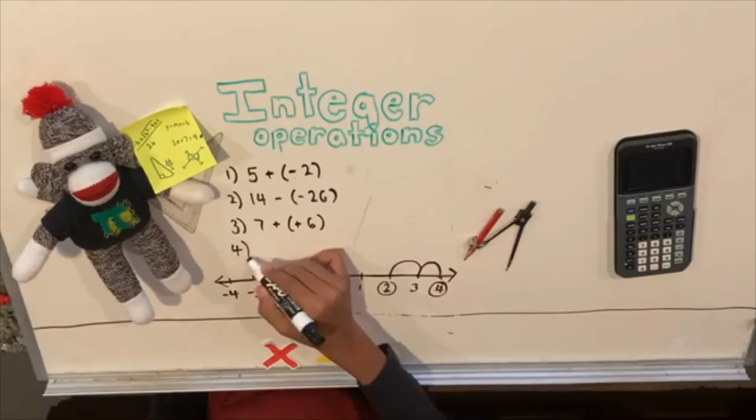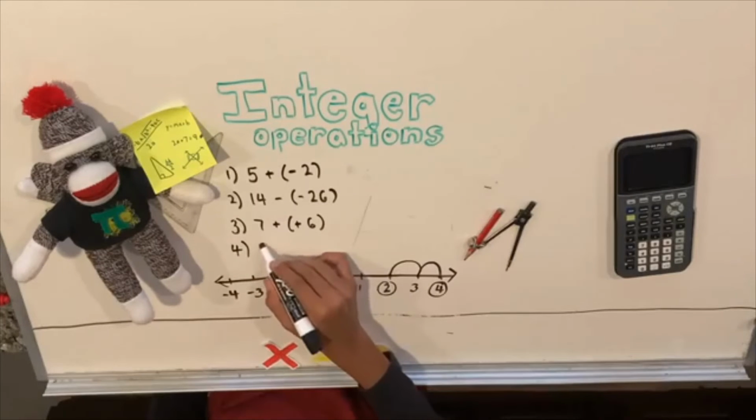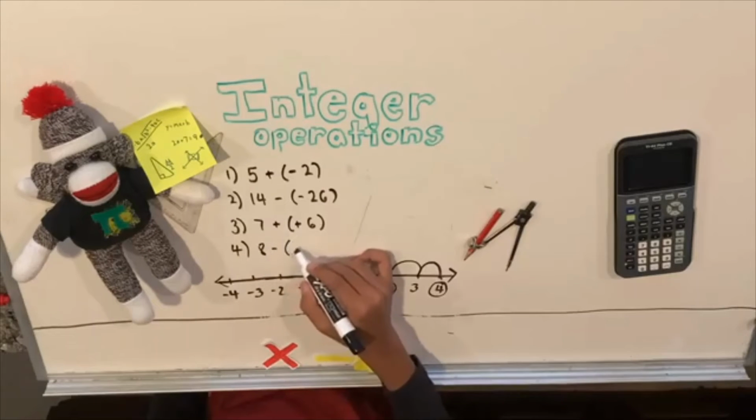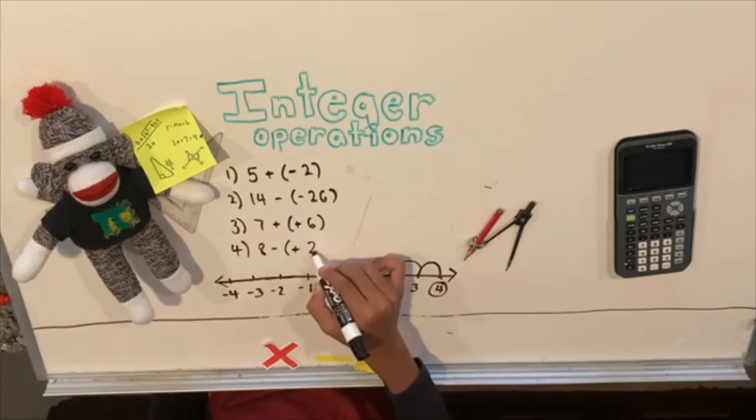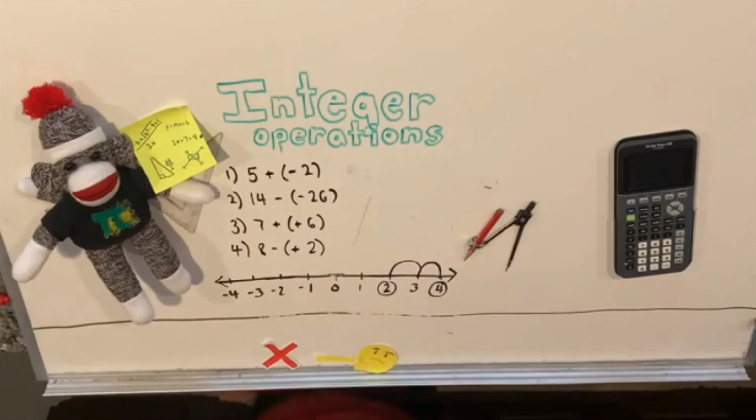And our last problem is going to be 8 minus positive 2. So, now that we have these, I encourage you to pause the video and work through them, and then you can unpause and I'll go through the solutions.